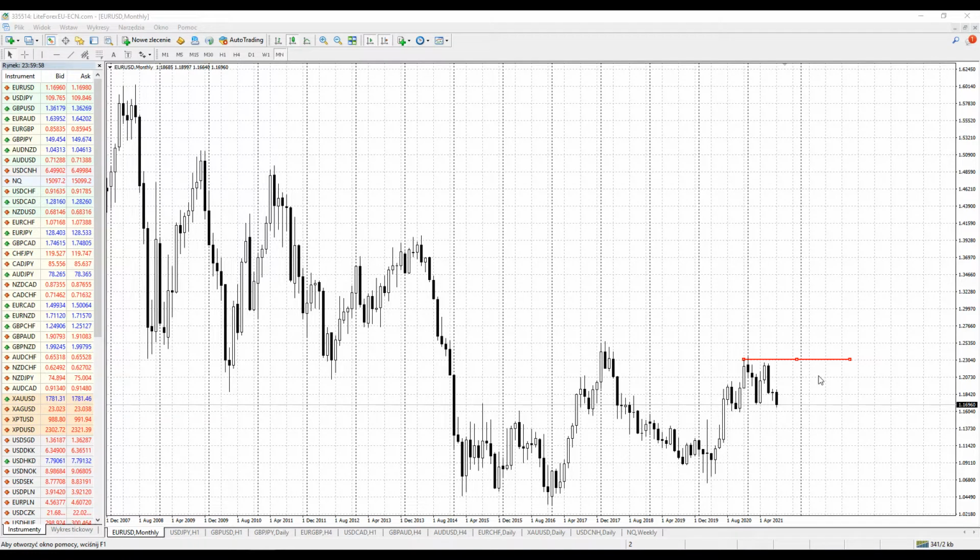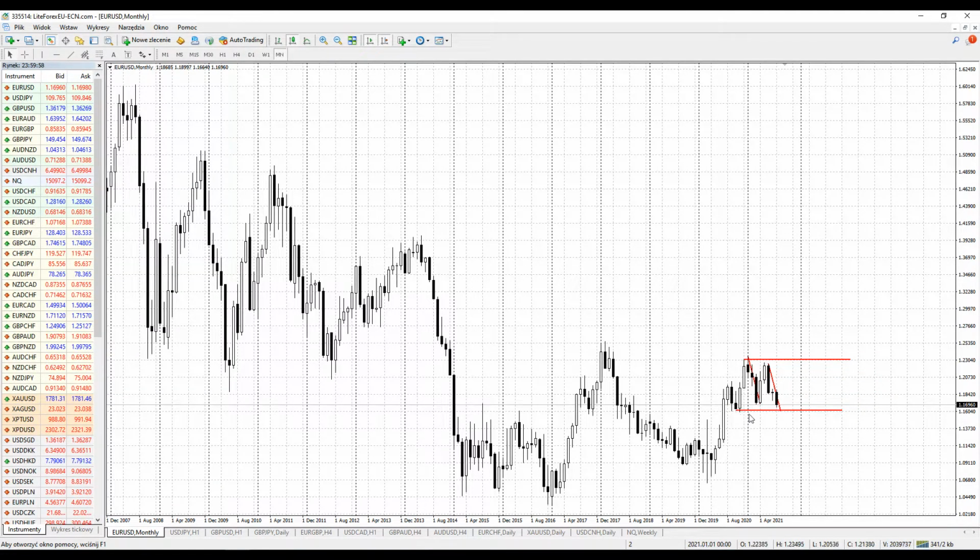In that case, we are talking about the 123. From that, we can make a 1-to-1 measure. The low here is related to this swing low, so let's put the line here as well.